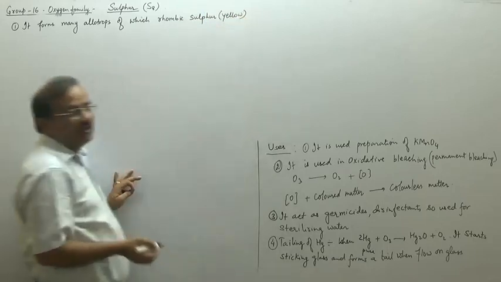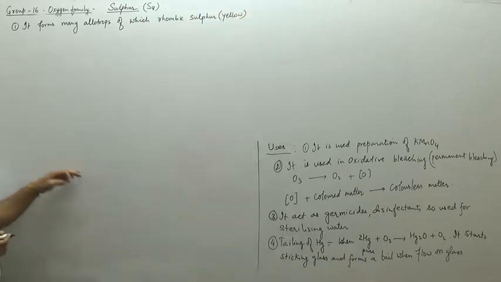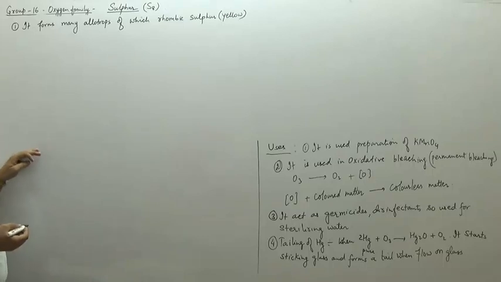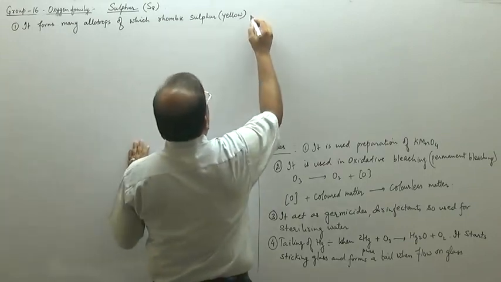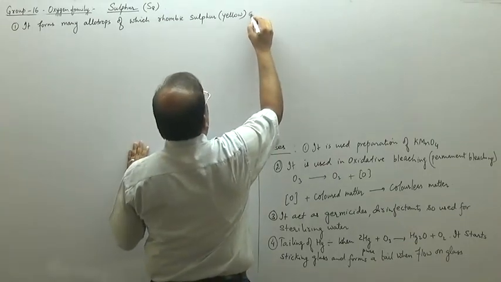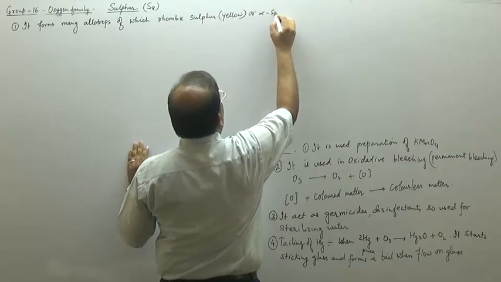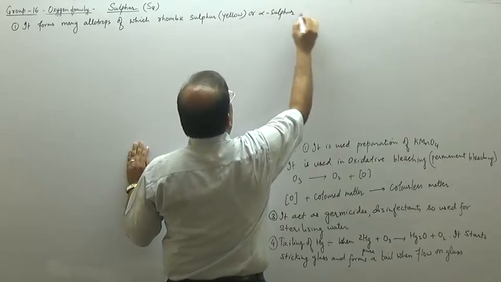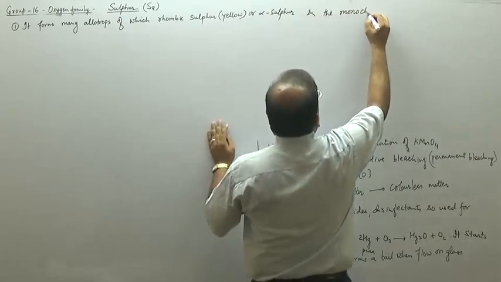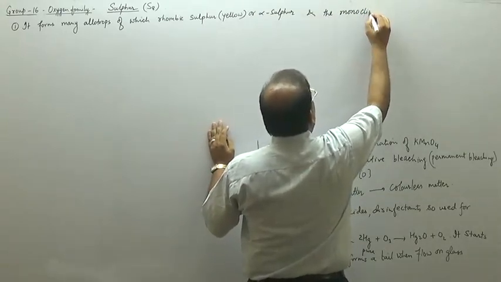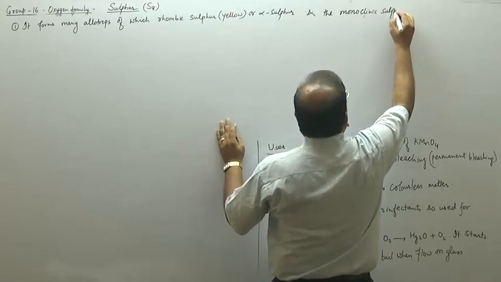It is yellow in color, so we call it yellow sulfur. The yellow sulfur, or rhombic sulfur, is also called alpha sulfur. And the monoclinic sulfur is called beta sulfur.